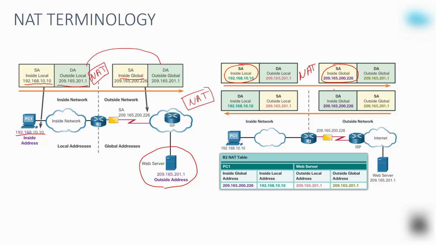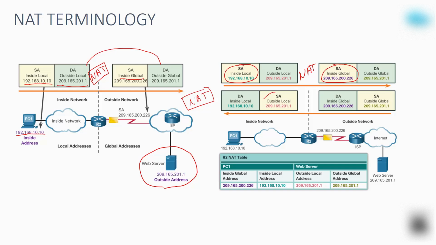And when we have a reply from the web server, whereas the web server is creating the communication, its inside global IP address is, just a moment, not the inside, it's inside. Where is that?